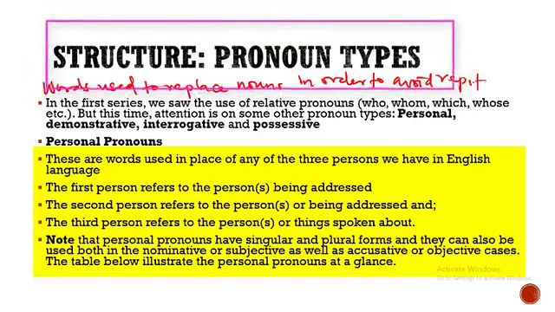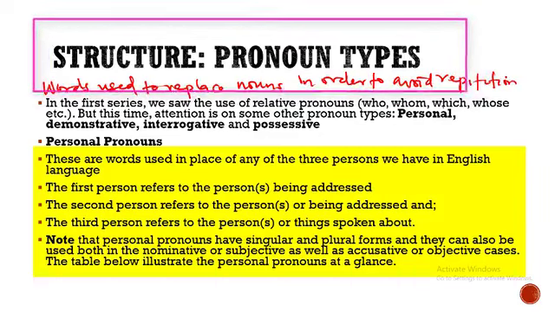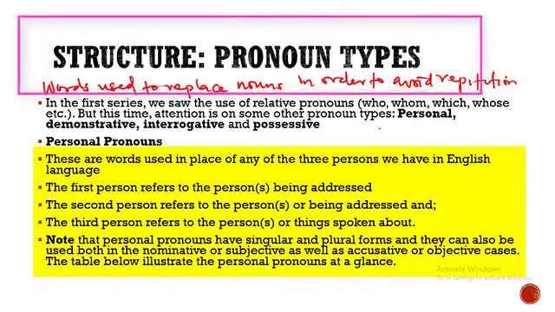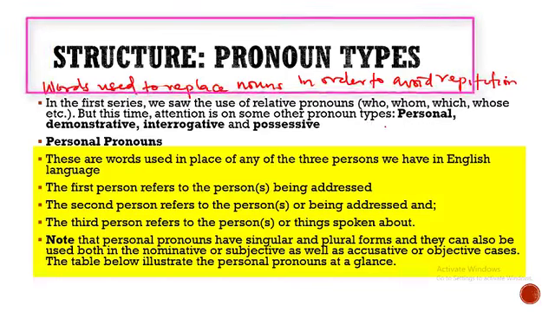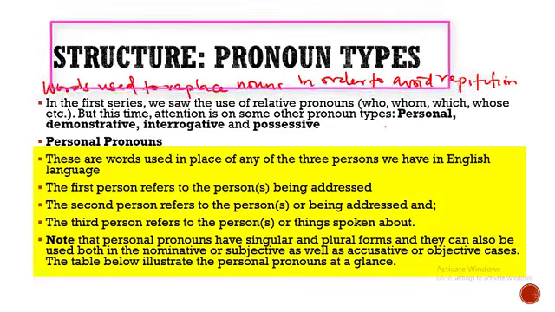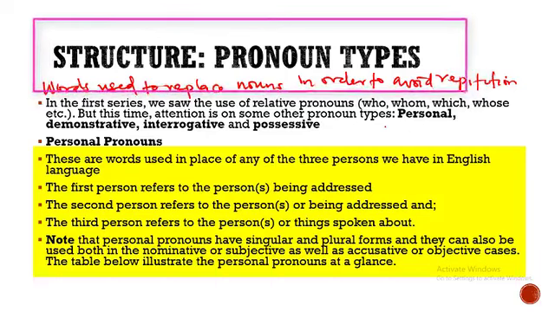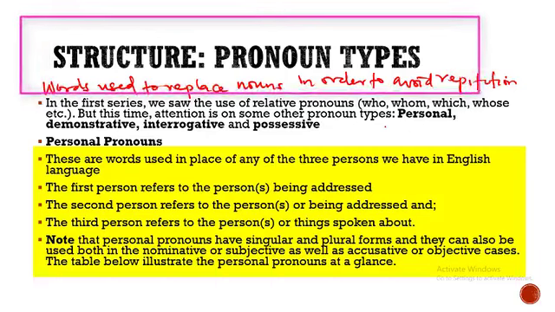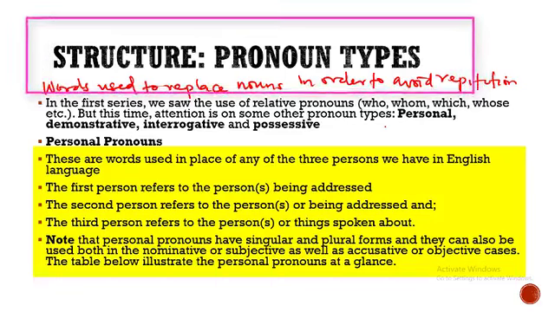So, a pronoun is a word used to replace a noun in a particular expression to avoid what? Repetition or repetitive use of such nouns. So we have different types of pronouns. We have personal pronouns, we have demonstrative pronouns, interrogative pronouns, possessive pronouns, relative pronouns, reflexive pronouns.